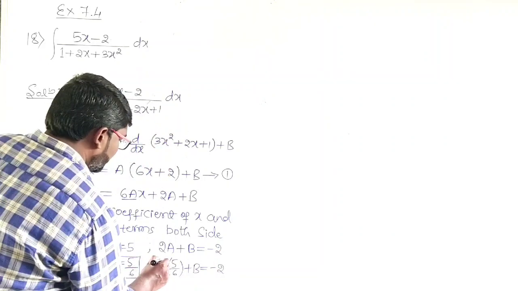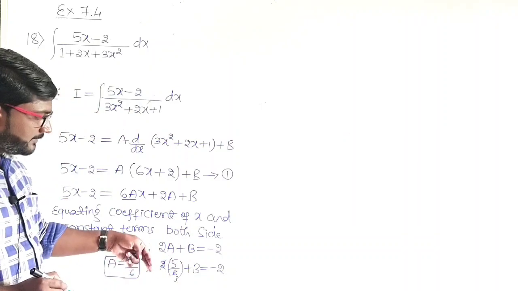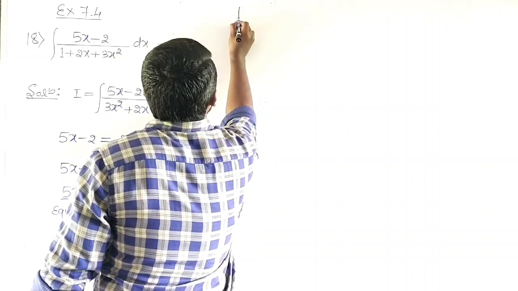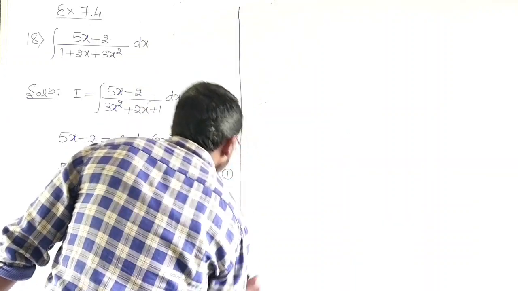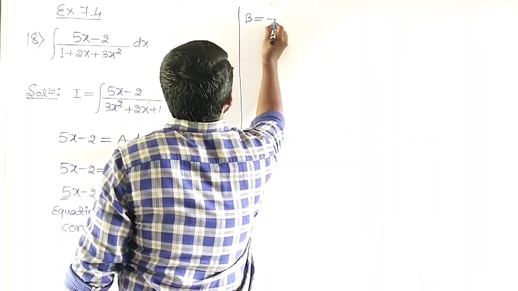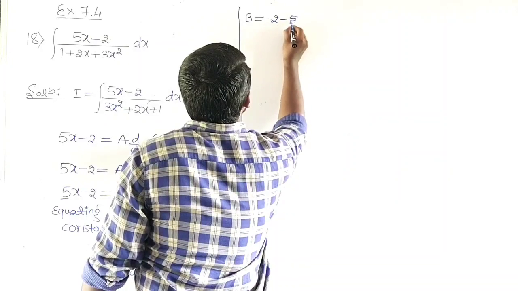Here 2 ones are 2, 3 twos are 6, we have 5 by 3. Take 5 by 3 to the RHS, it becomes minus 5 by 3. So B equals minus 2 minus 5 by 3.